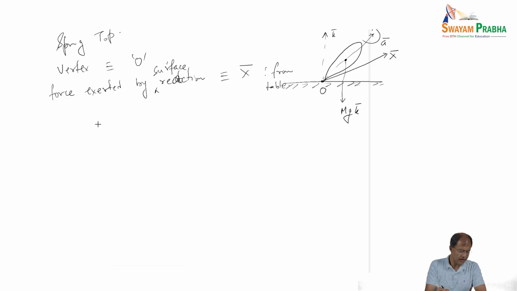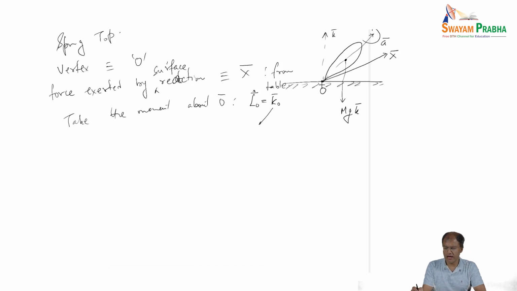Okay, so if we take the moment about O, we see that L naught dot is K naught. In this case, what is my K naught? We are taking our origin of the axis at the point where the top is touching the floor, so we expect that this force X is going to disappear when we take the moment.